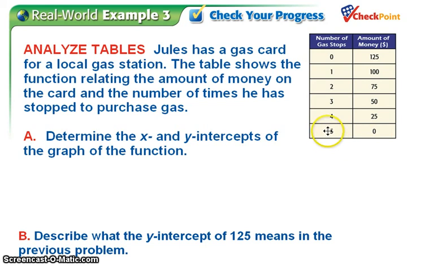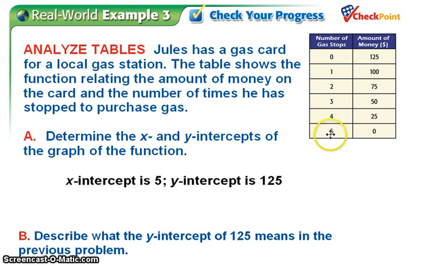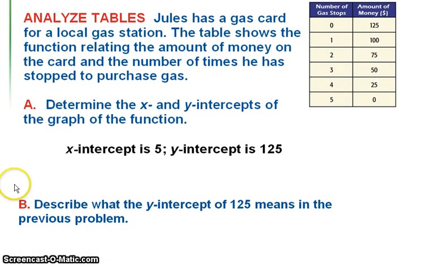So your x-intercept is 5. Your y-intercept is when x is 0, so your y-intercept is 125. Again, your x-intercept is 5 because y is 0, and your y-intercept is 125 because that's when x is 0.